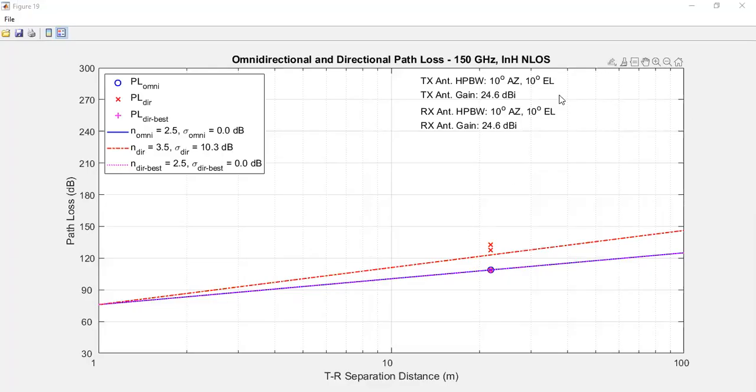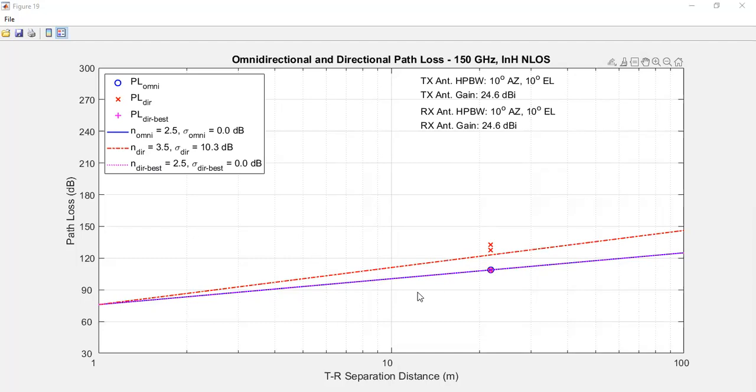So here it shows the path loss for directional and for omni cases, right? Looks like the blue one stands for path loss for omnidirectional cases, and the red one for directional cases.